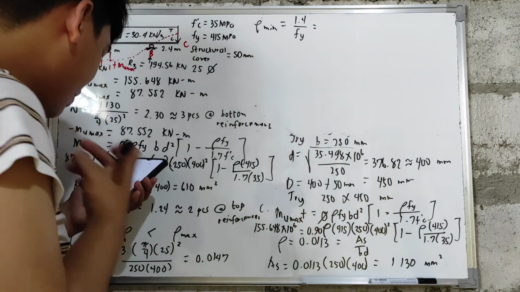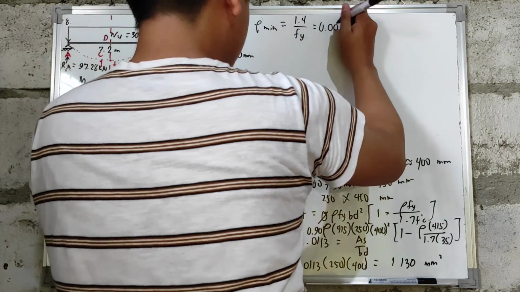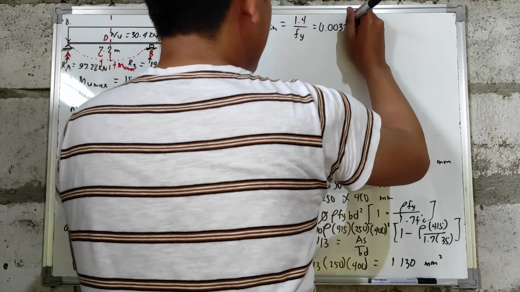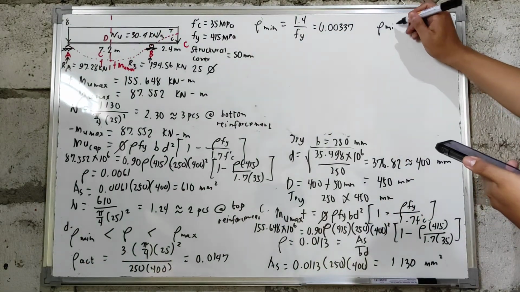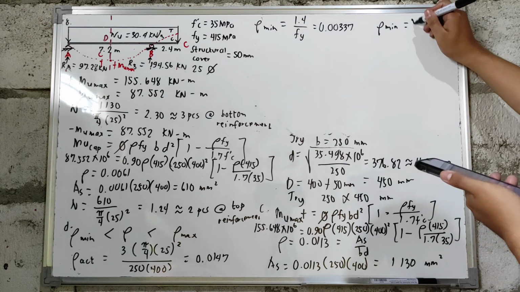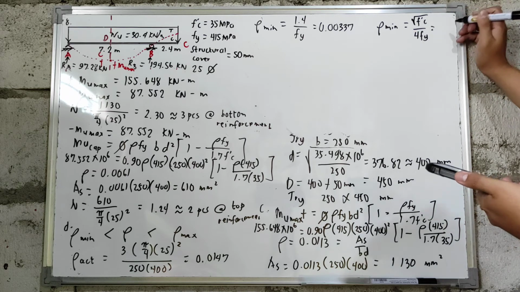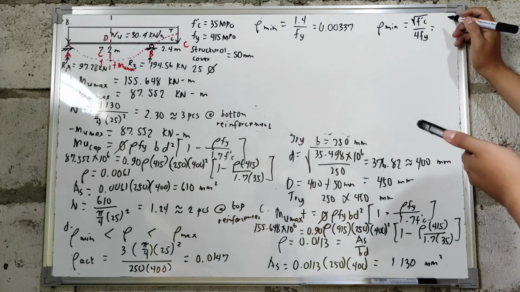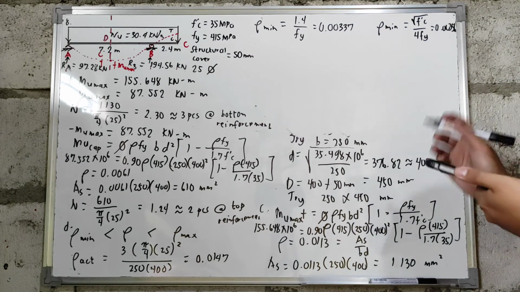So, yung value natin for 1.4 over Fy, we have 0.00337. And yung isang formula natin for rho minimum, that is equal to square root of f'c over 4Fy. So, yung value natin dyan, that is 0.00356.